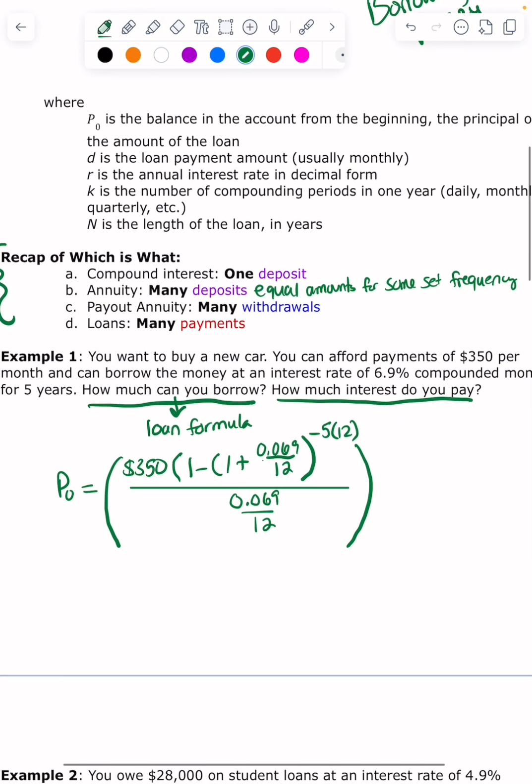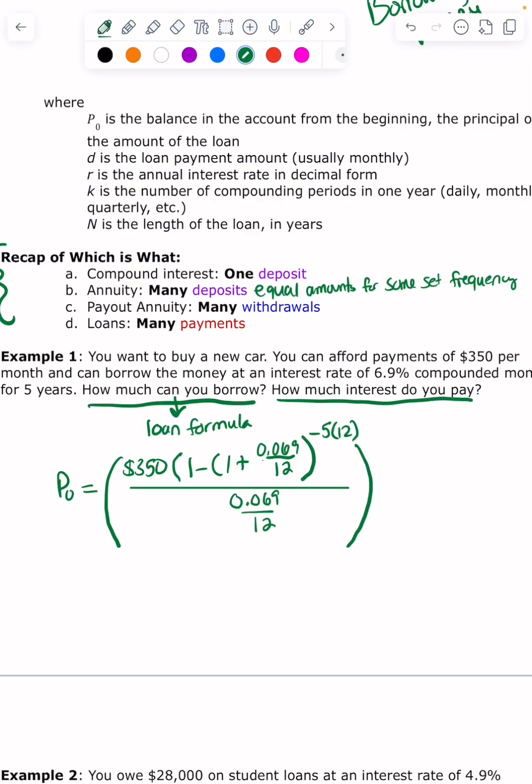So this will go into Desmos. On another screen, I'll be putting that in. So parenthesis, and then I need the fraction button, 350, parenthesis, 1 minus, parenthesis, 1 plus 0.069 divided by 12. Close that parenthesis, and that part gets raised to the parenthesis negative 5 times 12.